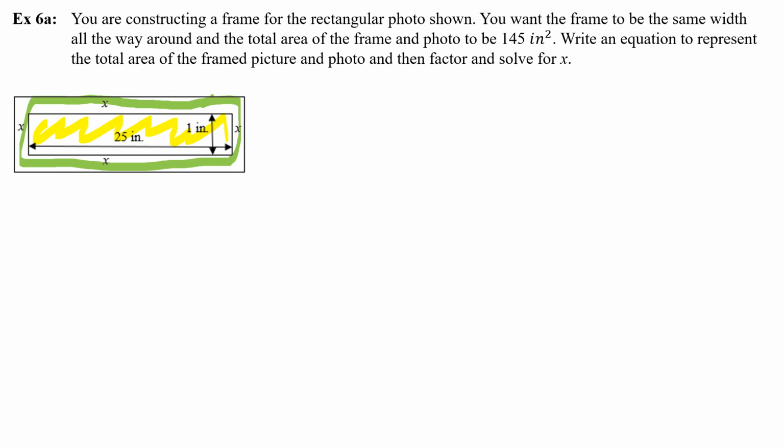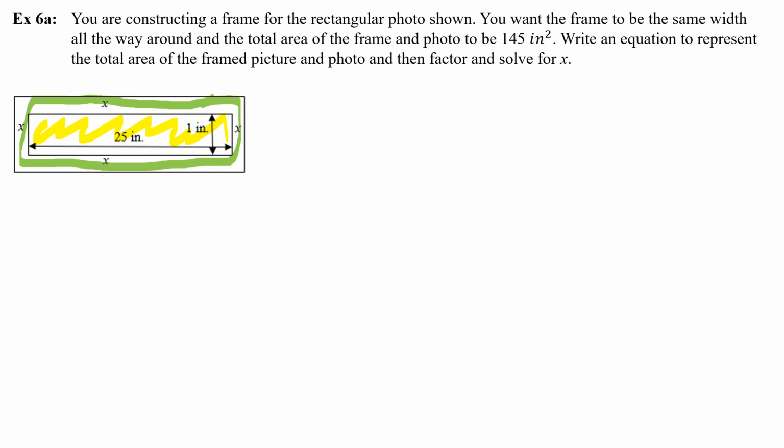And you want the total area of the frame and the photo to be 145 inches squared. Write an equation to represent the total area of the framed picture and photo, and then factor and solve for x. So, the rectangle on the inside is the picture. The rectangle on the outside is the frame. We want the total area of the frame and the picture. So we want the area of the big rectangle to be 145 inches squared. So we need to come up with an equation to do this, factor it, and then solve for x.